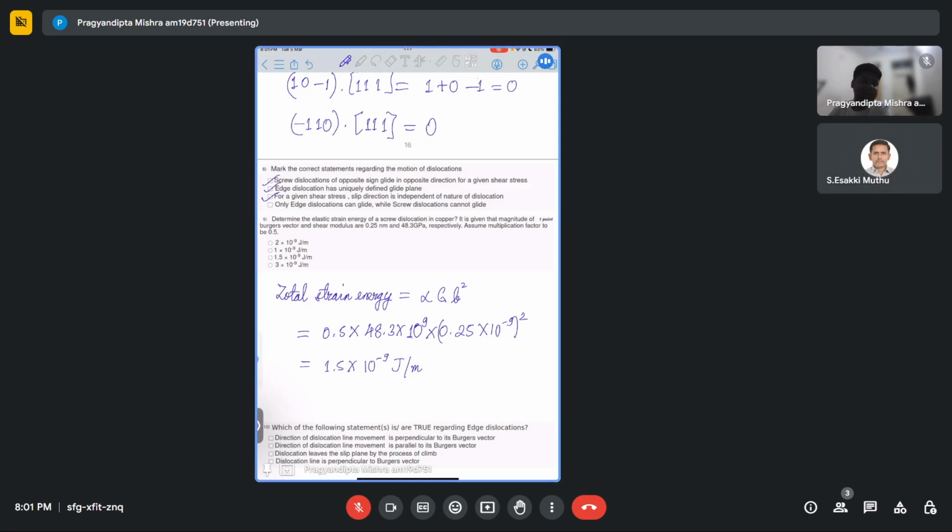Yeah, I think you made a mistake in that 0.25 square. It is supposed to be squared. Correct. Just be careful while doing calculations. You know the formulas, but if you make a small mistake, your final answer will be wrong. Okay, thank you.